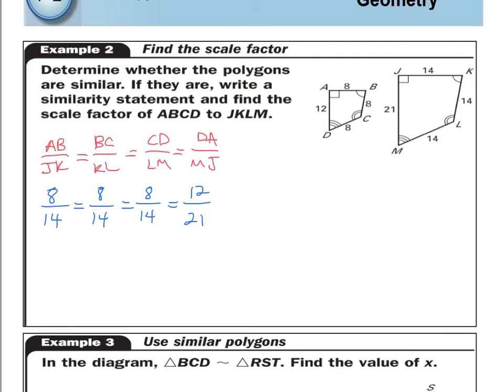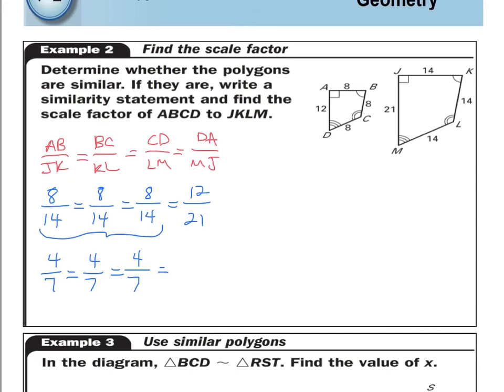Okay? All right, now, as you're looking at this, we have to figure out, is the scale factor the same? So these all need to be reduced. Well, these three are all reducible by 2. So these are divided out by 2. That's 4/7. Those are all the same so far. And this last one, the biggest number that will go into both is 3.